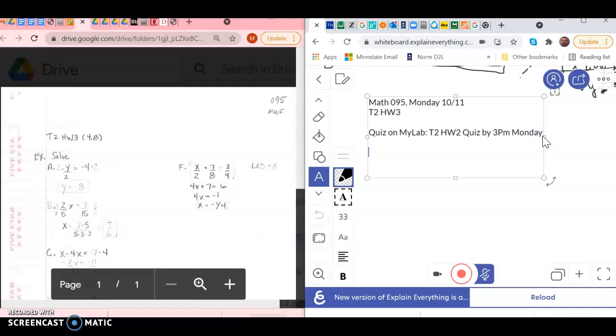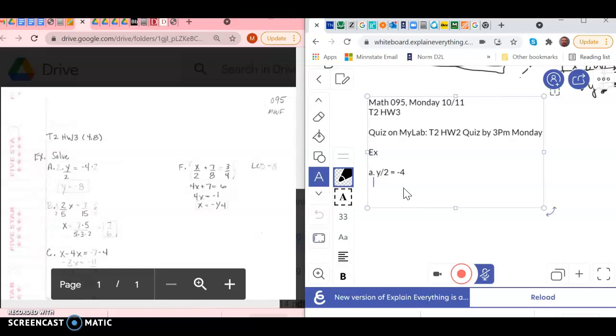So then the lesson for today. Example A, if you have y divided by 2 equals -4. I wanted to do some more practice of the homework 3 stuff, the stuff that we actually did in our class.